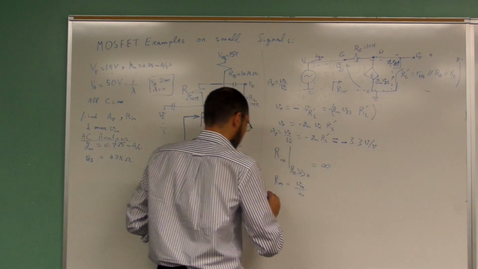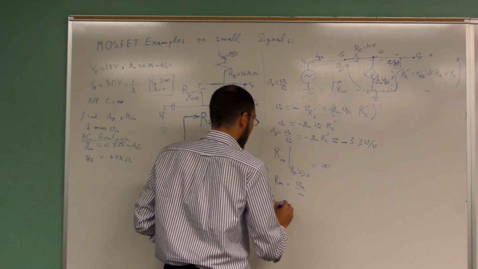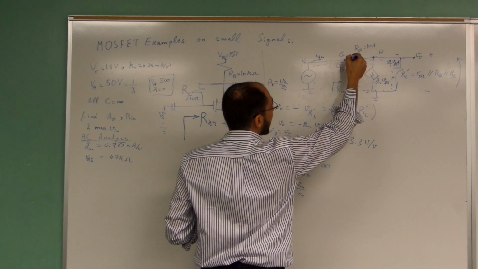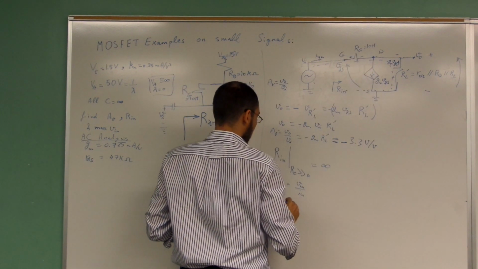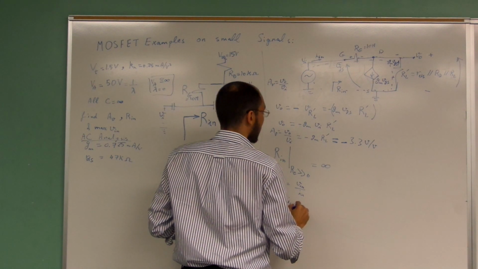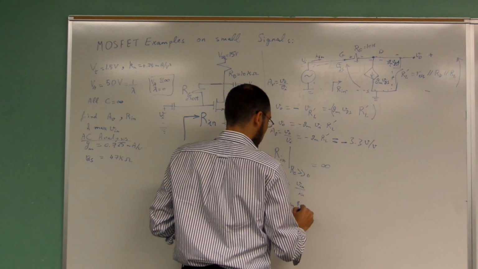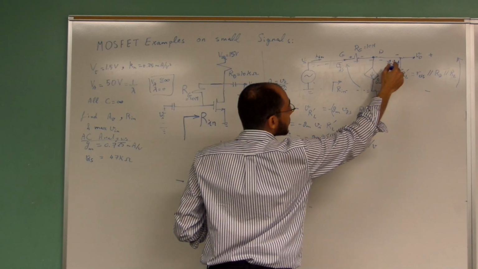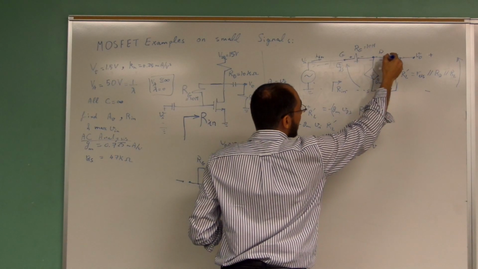V input minus I input RG. What is the value of the current that is passing here?